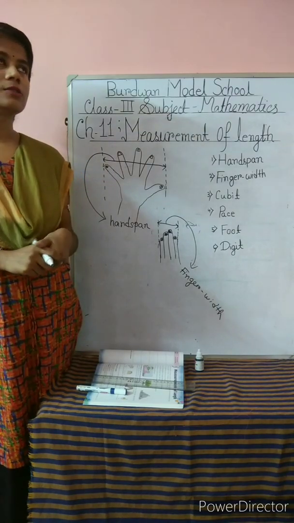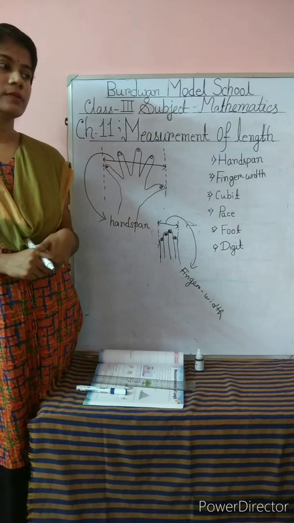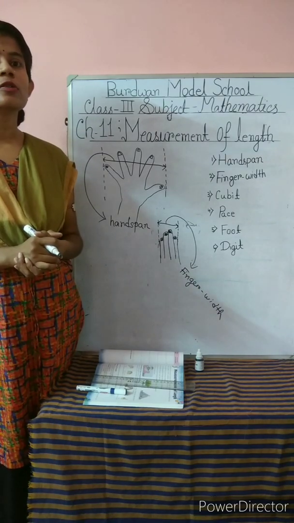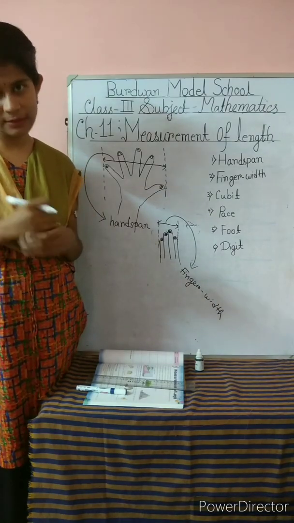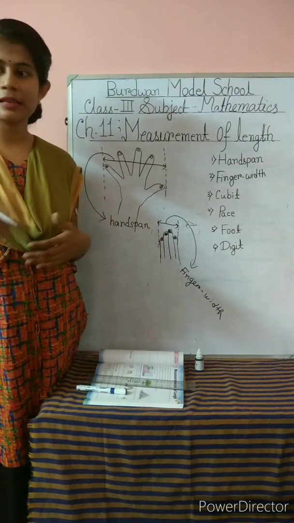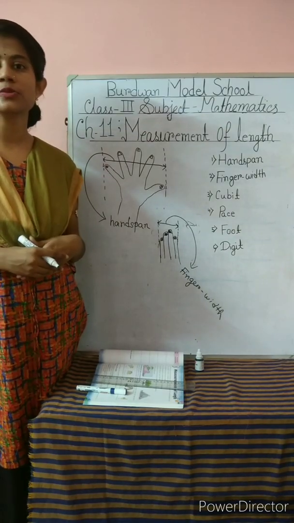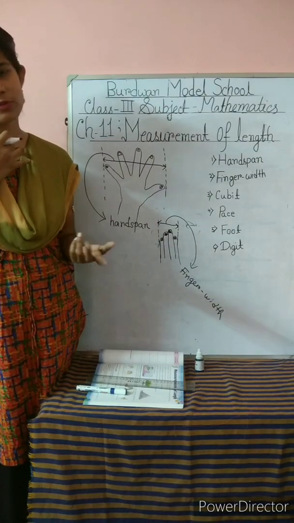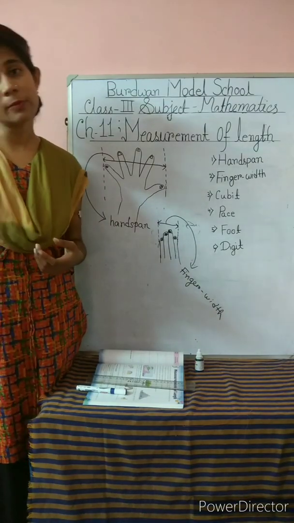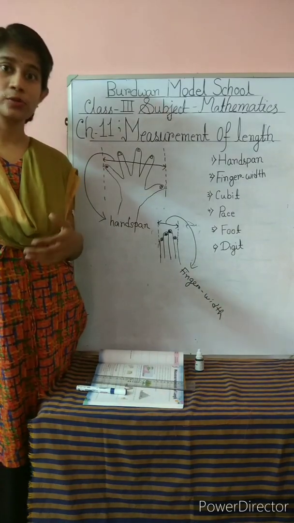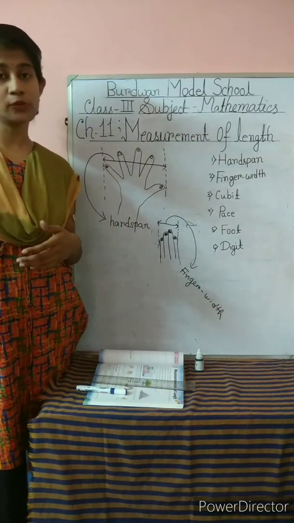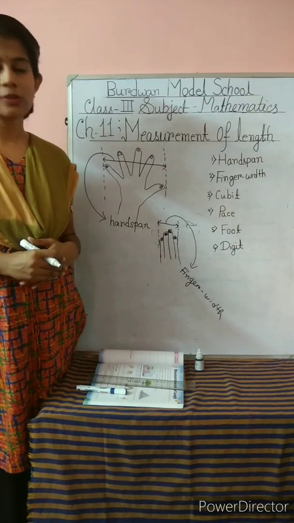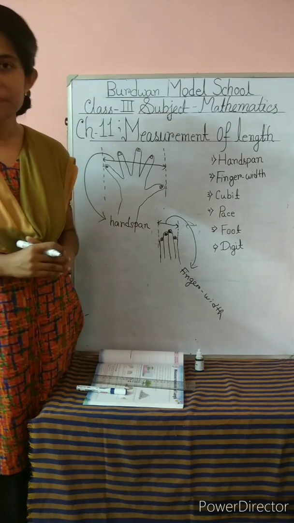Also for measuring the height of your room, in which you are living, if you want to measure the length of this room, you can use meter, or sometimes you can use centimeter also. Also the height of a building, from the ground floor to the top floor, or from the ground up to the roof, if you want to measure, you can use meter. So the standard unit of length is meter.